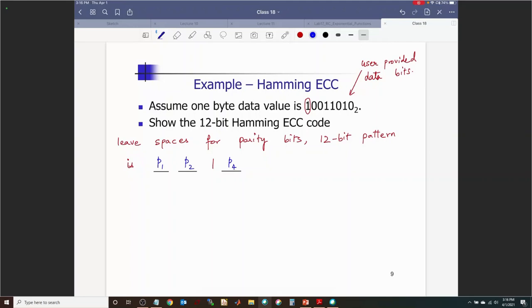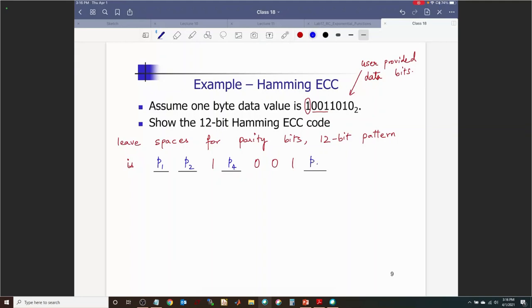All right, let's see. We are done with P1, P2, 3rd bit position is done, 4th is done. Then we have a few data bits. So the next 3 data bits are what? 0, 0, 1 from here. Then we have our last parity bit. What is that?